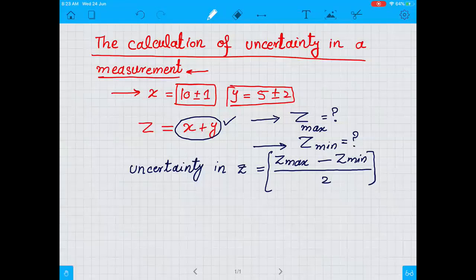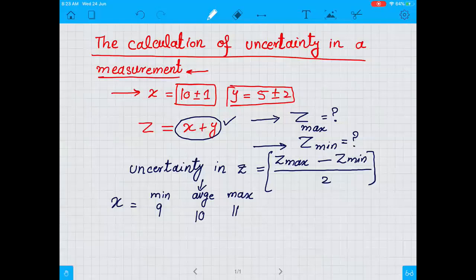In this example, x can be written as minimum, average and maximum. Generally the quantities are given as a range. The value that we state is the average, and the range is given as minimum to maximum. Now for x, the minimum value is 9, the maximum value is 11, and the average value is 10.